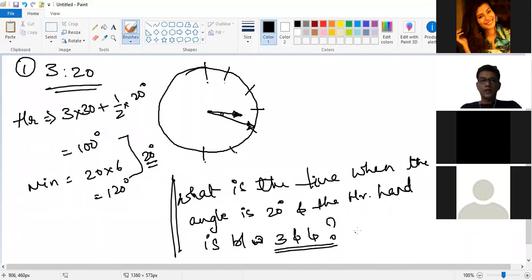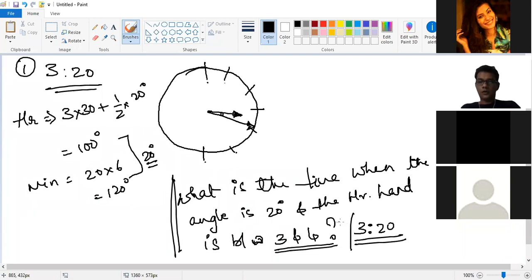So can I say that the time is 3:20? Yes, I can say that, and I'm not wrong. But when will I be wrong? I will be wrong when I say the time is only 3:20.